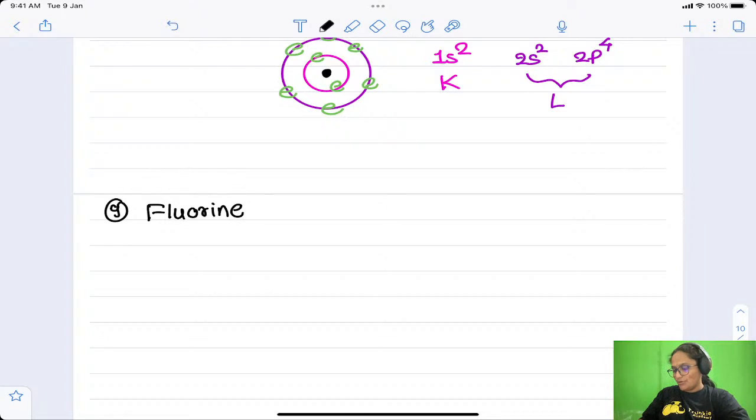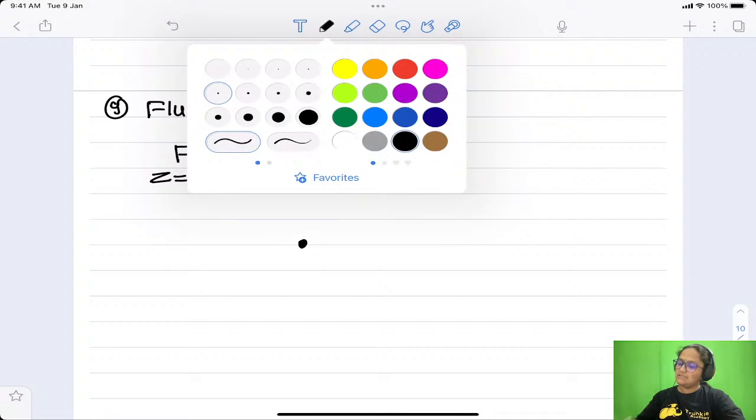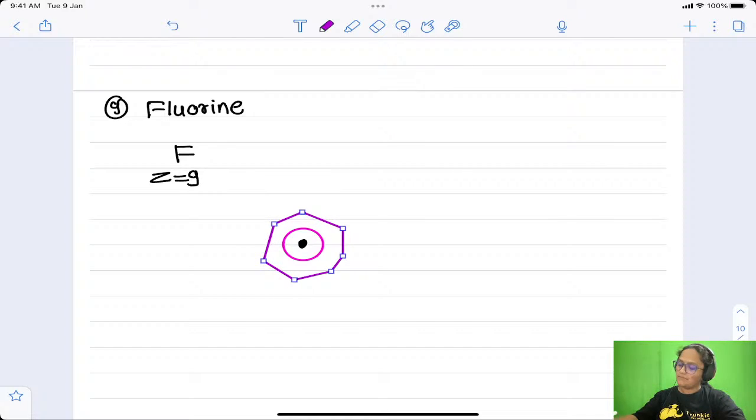After oxygen let us see the next example, and the 9th example is fluorine. The symbol for fluorine is F, atomic number is 9. That means 9 electrons are present here. So this is the nucleus, then this is shell number 1, then this is shell number 2. Right?